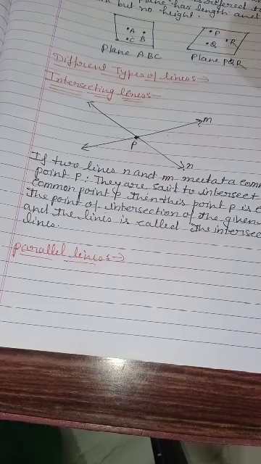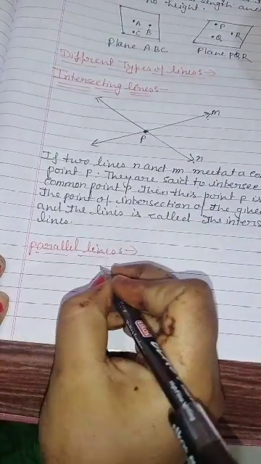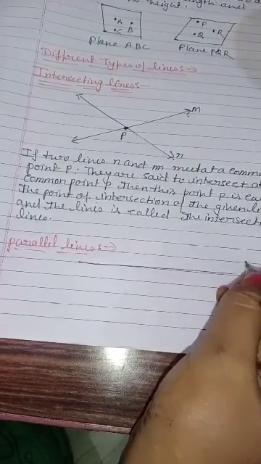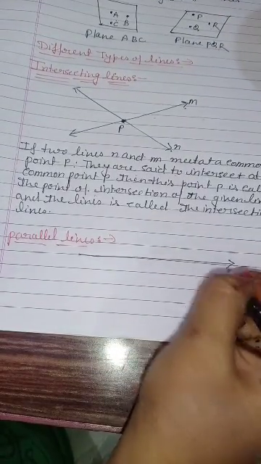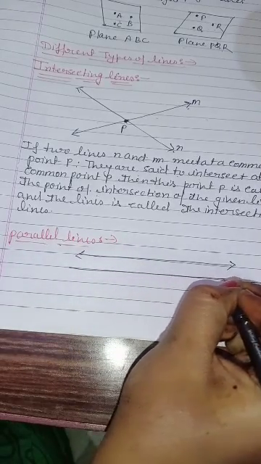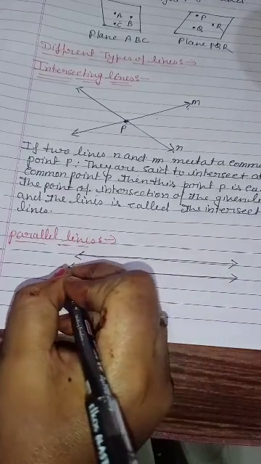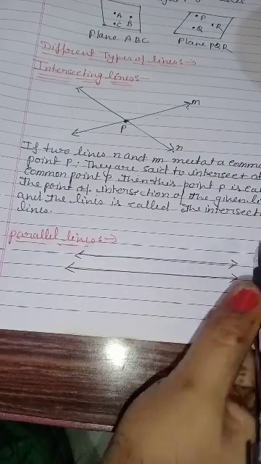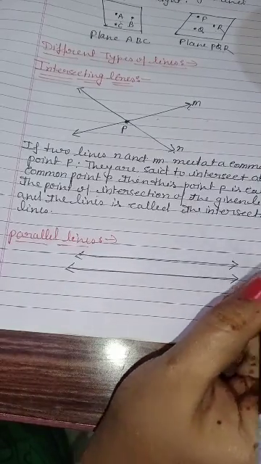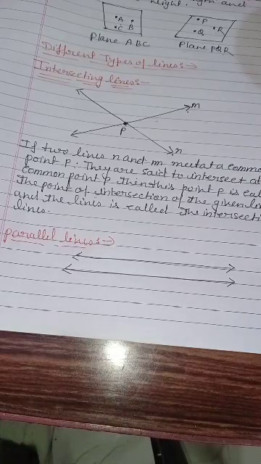Parallel lines means, beta, if two lines are in such a way that they will not meet each other at any single point. You can see, if you extend these lines, because these are lines, endlessly you can extend them in both directions.